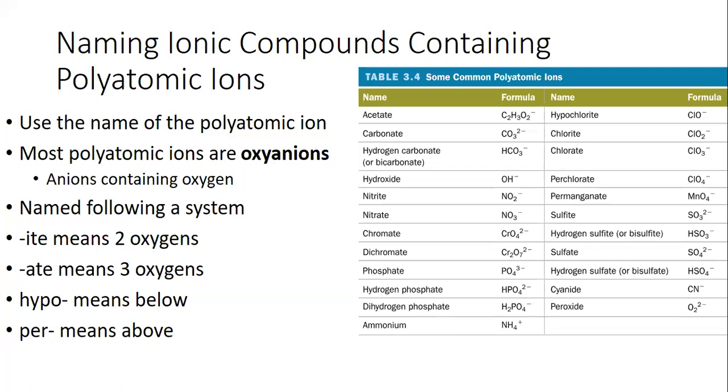A lot of these names were created before the IUPAC system. IUPAC is like the International Council of Naming Molecules. I don't know when IUPAC was formed. It was like in the 50s.